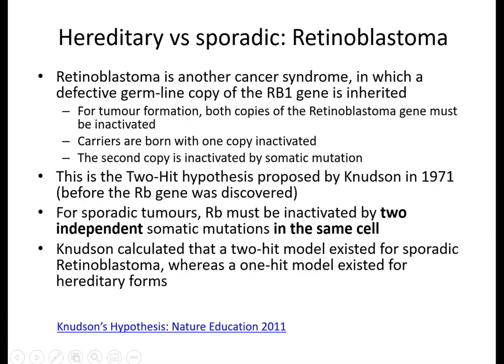Now, another major tumour suppressor gene is the RB1 gene, which codes the pRB protein, and this also causes a hereditary cancer called retinoblastoma, but it comes in two forms: your hereditary form and your sporadic form.